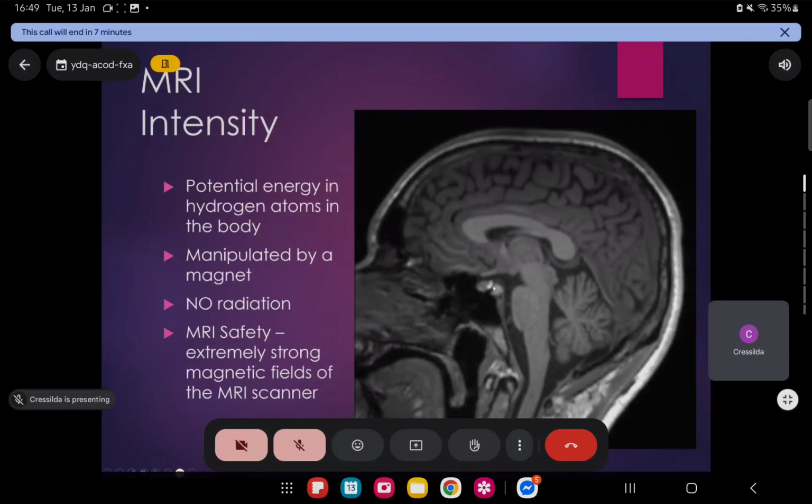So when we talk about MRI, we talk about the potential energy, and all of this would be manipulated by a magnet. No radiation is emitted in these studies. However, MRI safety still exists. This is different from the radiation safety because when we talk about MR scanners, there is an extremely strong magnetic field.